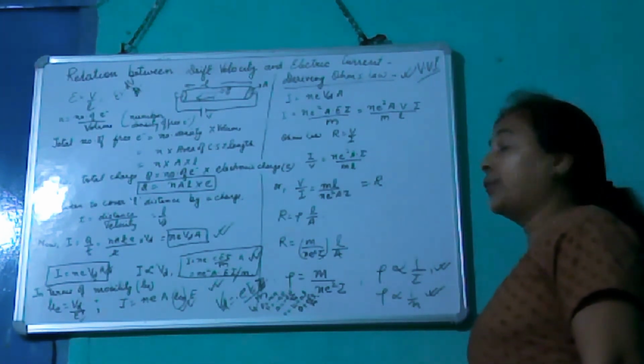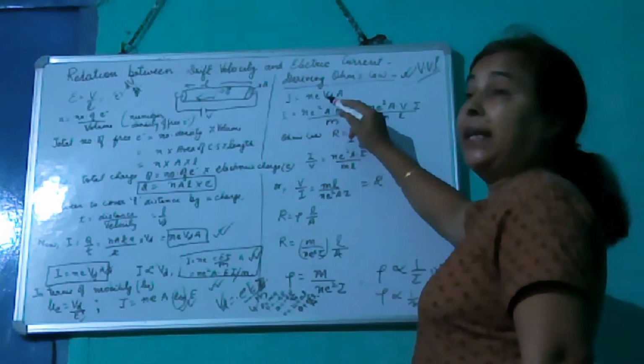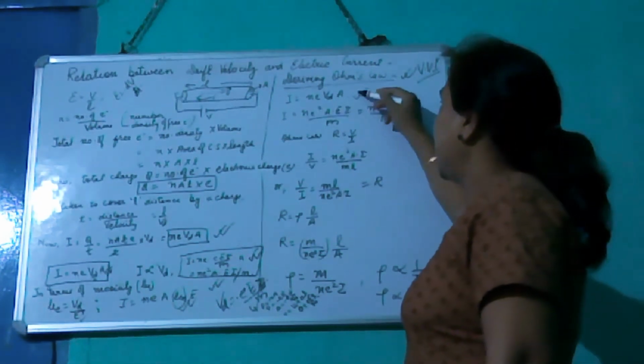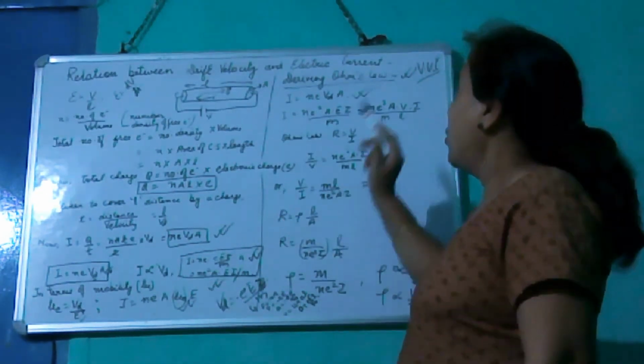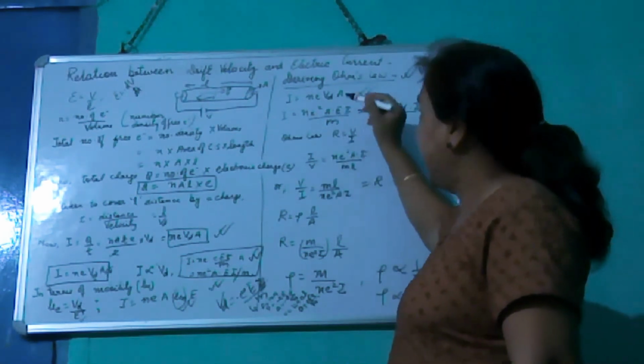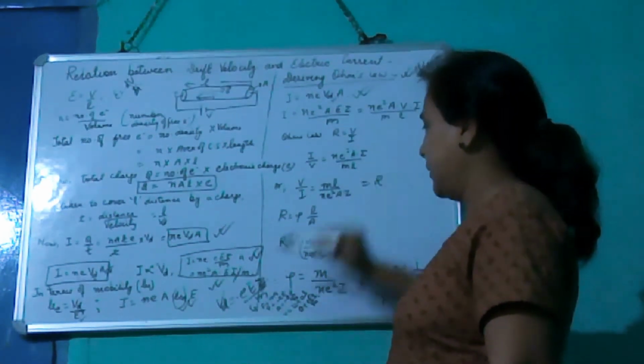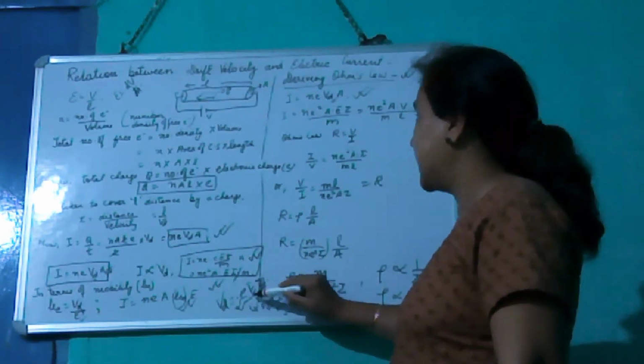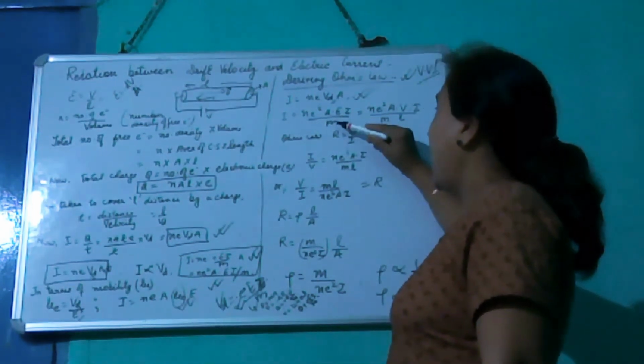So what we have, I is equal to n e v_d A. This we have already done many times. So again we'll express v_d as eE tau upon m.